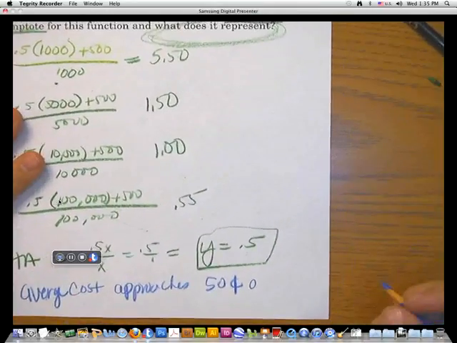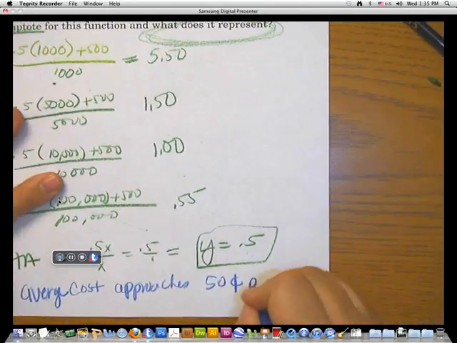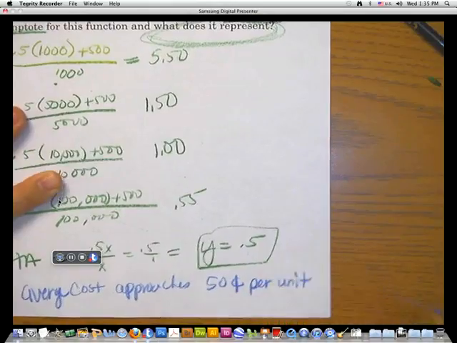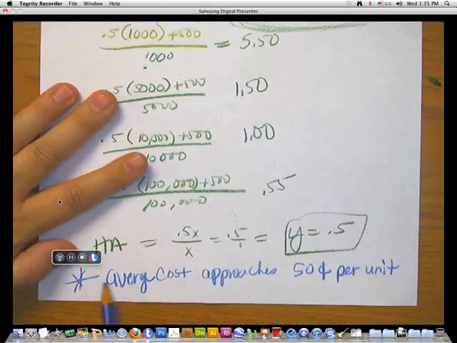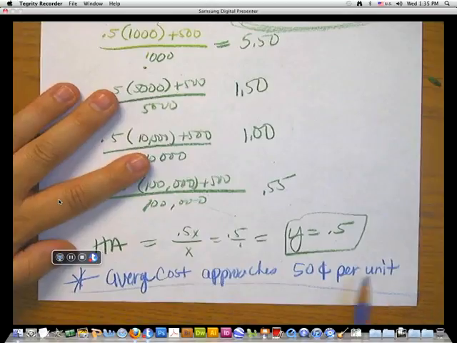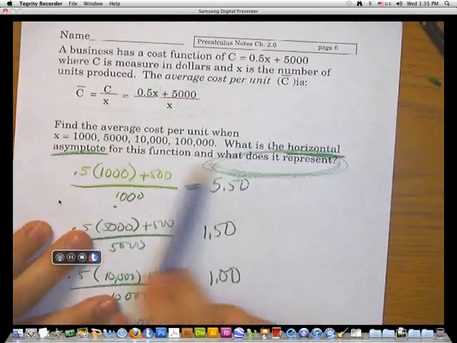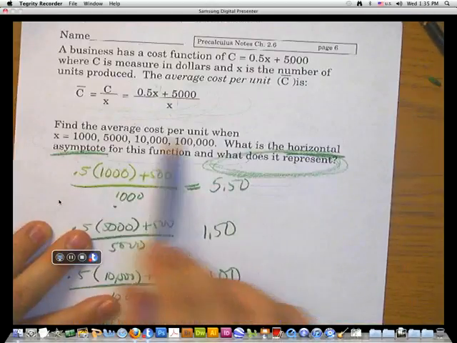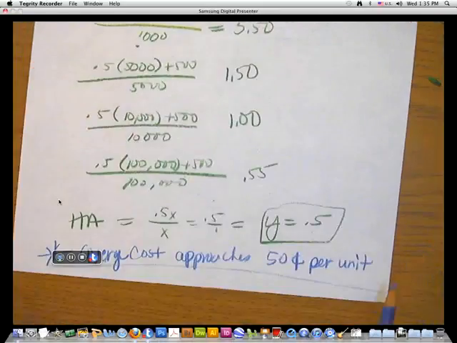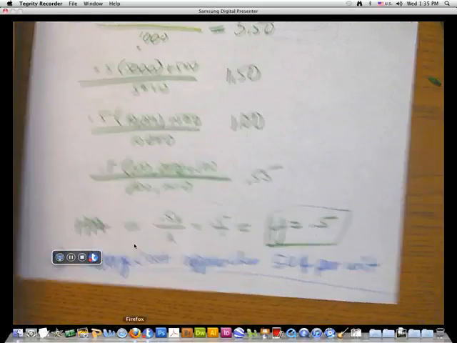The average cost approaches 50 cents per unit. So make sure you can give a word explanation for the word problem. And that's going to be 2.6.